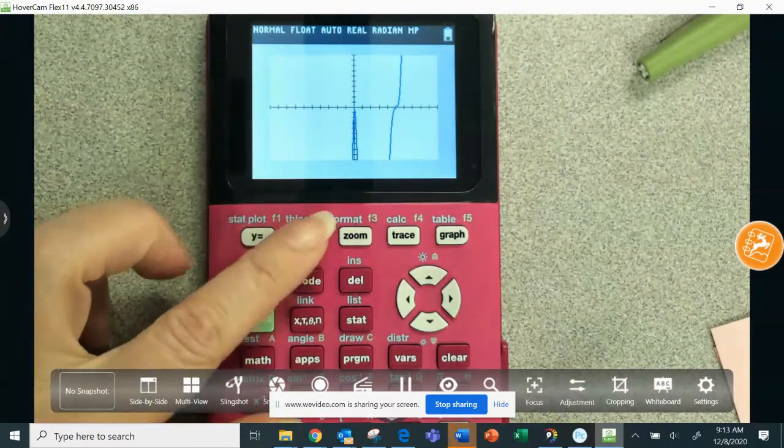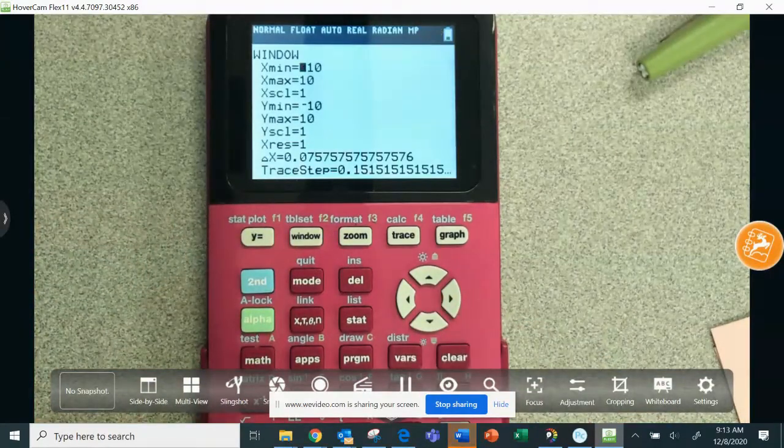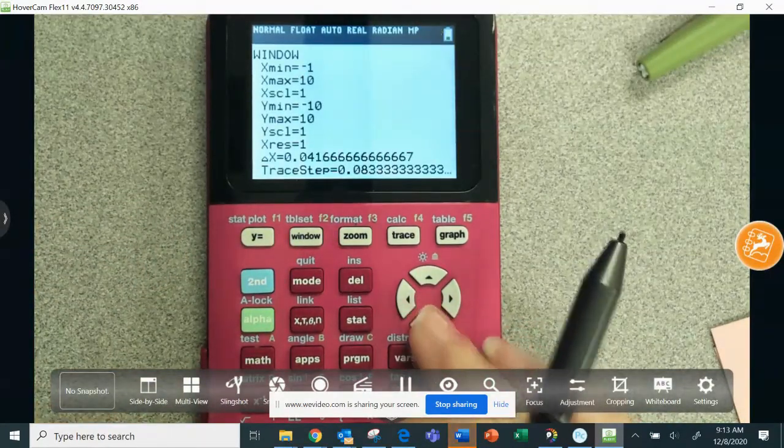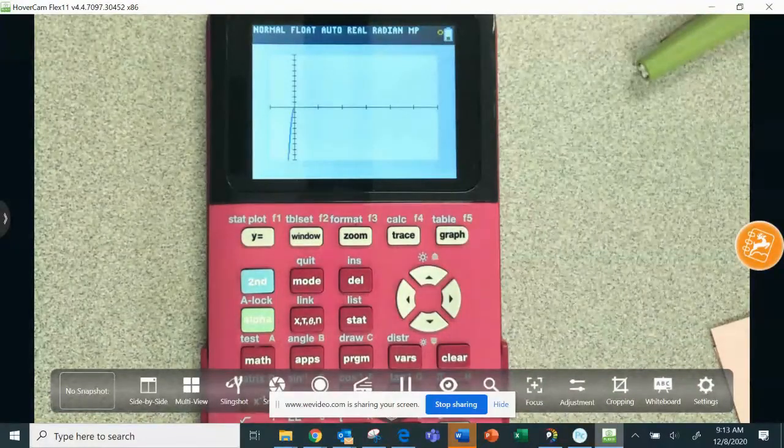I can make it so you can see it better. There. The shape came up, went back down, and then we did a cubic through 5.